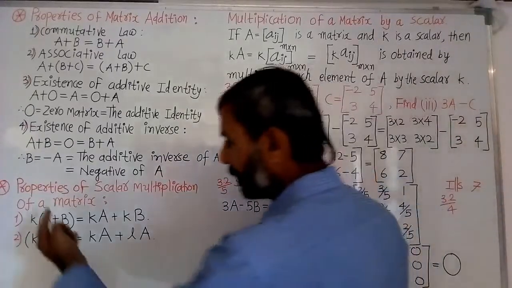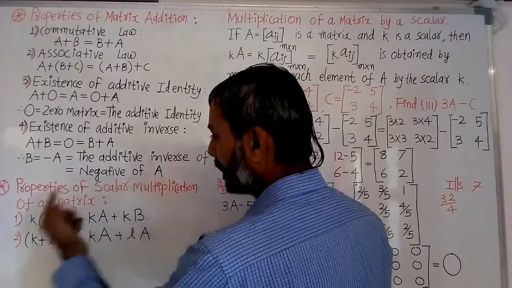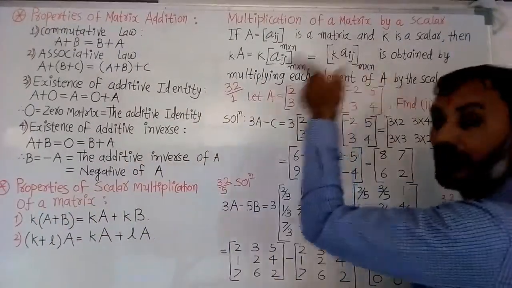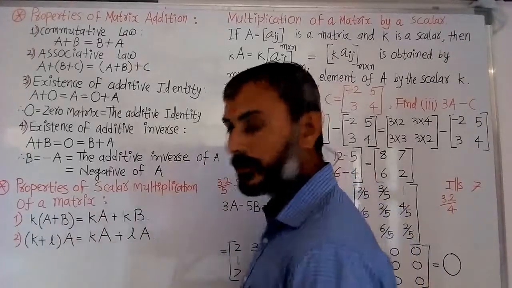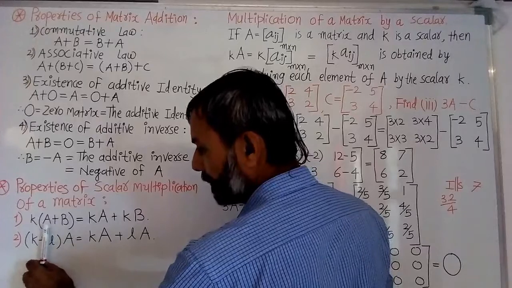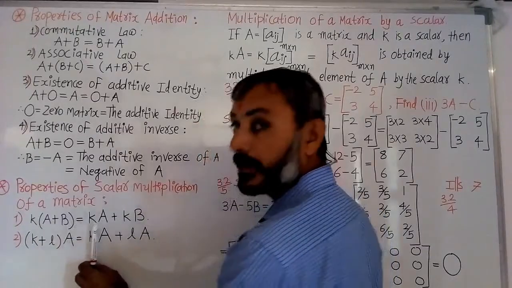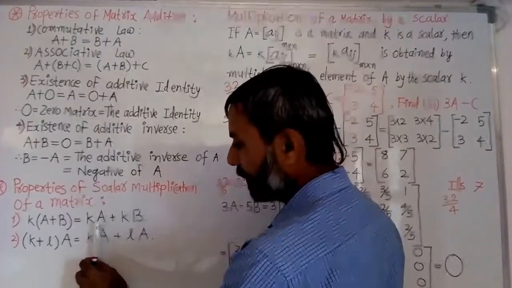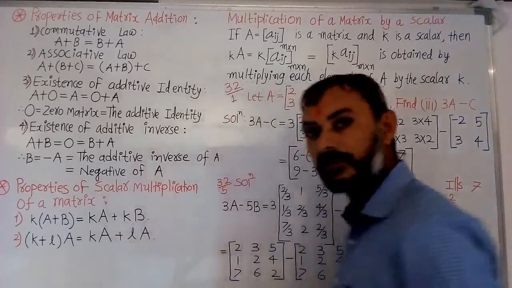Another topic, properties of scalar multiplication of a matrix. If k is multiplied with the matrix A plus B, we have to multiply separately: k into A plus k into B. Is that clear?